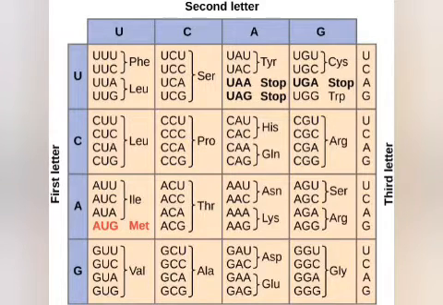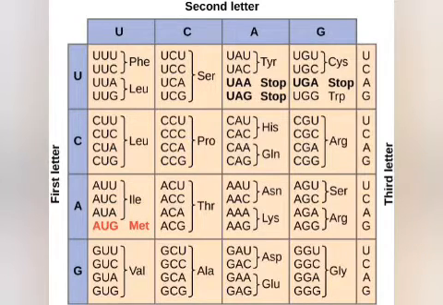These 4 and 16 codons are still insufficient for 20 amino acids. So the possibility of 3 nitrogen bases can code for the 20 amino acids, as 3 nitrogen bases will give 64 codons, which are more than enough to code for 20 amino acids.